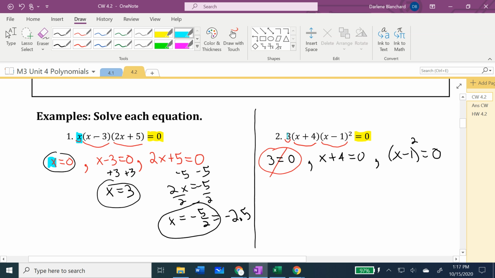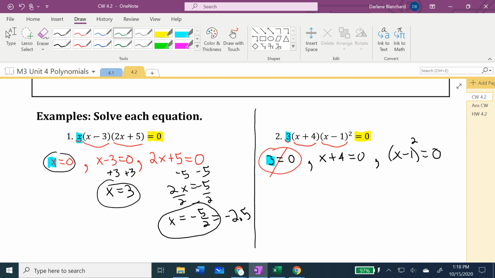But over here, I have only a 3 in front, and making that same equation gives me no solution. So basically, you can ignore numbers. You do not have to write down that you have looked at 3 and found it to never equal 0. You'll find after a while that you just will naturally ignore that front number.